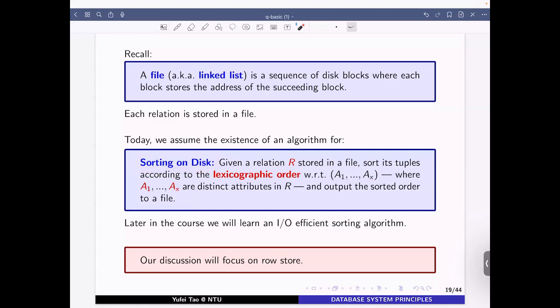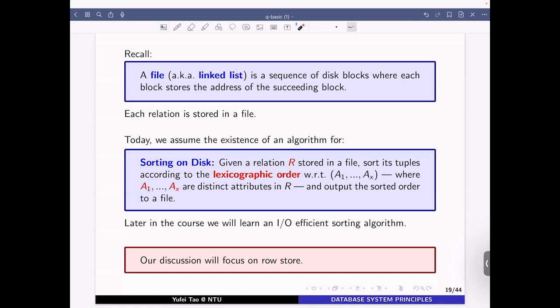But I could also say sort this relation with respect to A and then B, and you should also know what it means. For today's discussion, we'll assume we have a sorting algorithm to achieve that purpose. If you are no longer familiar with this lexicographic order, go back to the previous lecture, where it was formally defined.